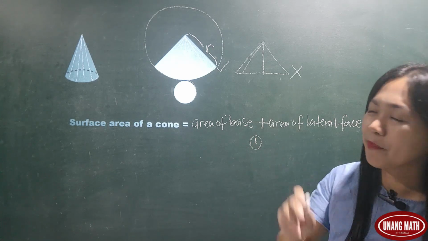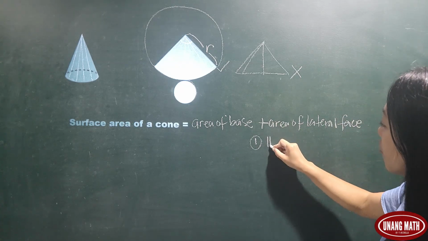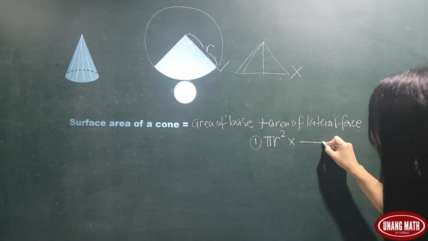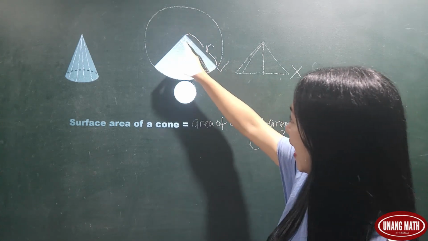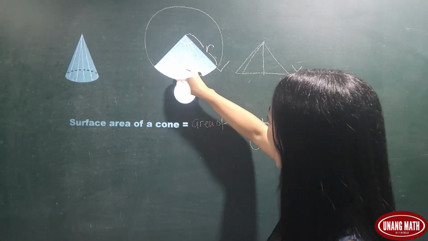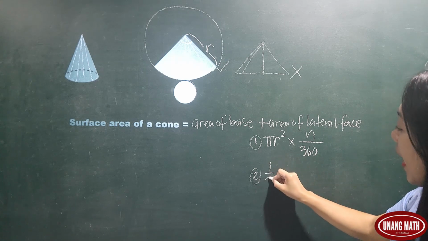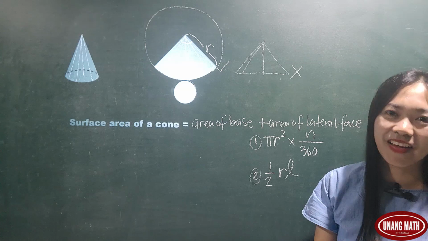If the central angle is given, we can use pi times radius squared times the ratio of the central angle. But if the central angle is not given and the length of the arc is given, we can use 1/2 times radius times the length of the arc.